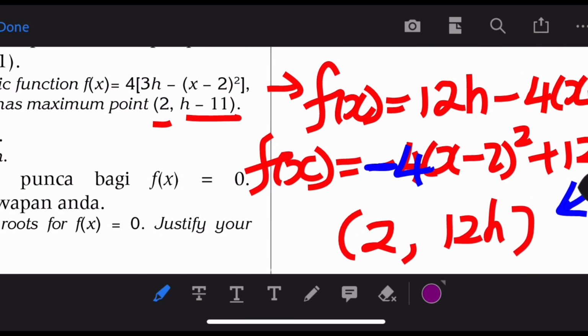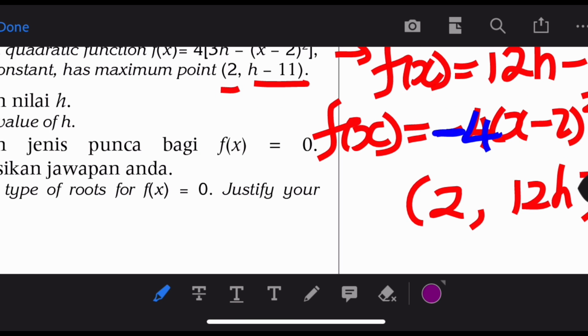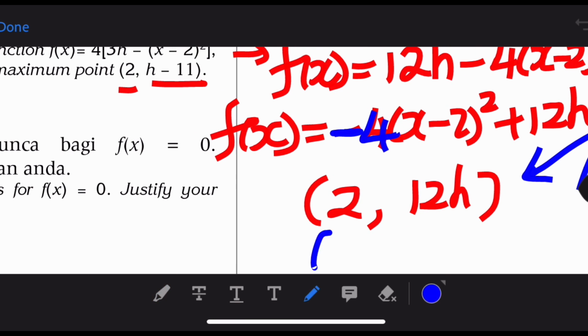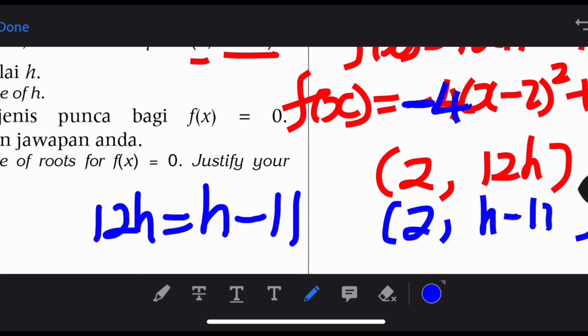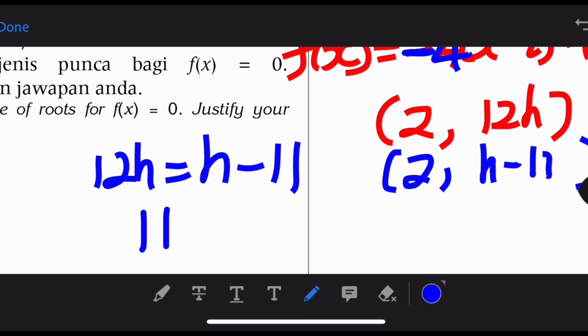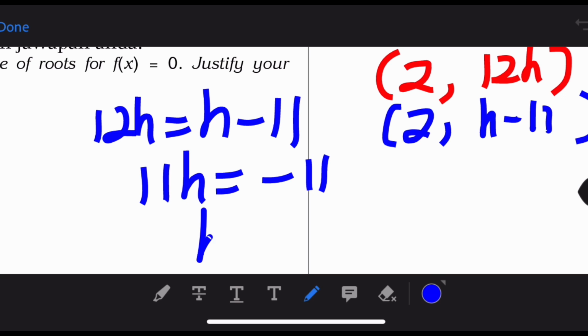So the question says the point was given, so we can say 12h and h minus 11 are the same. So then we can just solve 12h is equal to h minus 11. That means 11h equal to negative 11. Hence the h will be equal to negative 1. Right? This is what the question is asking for part A.